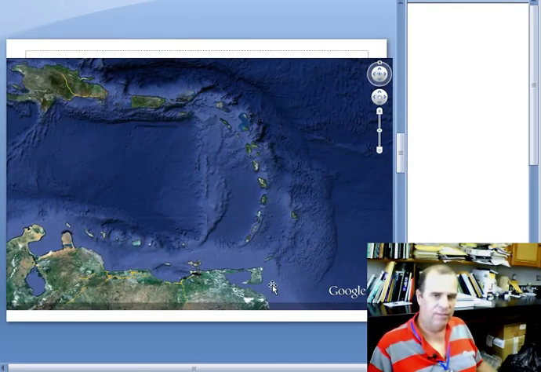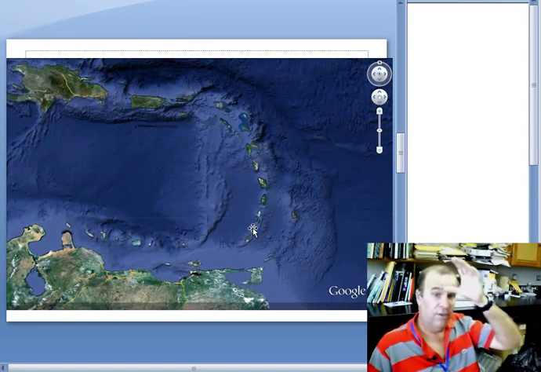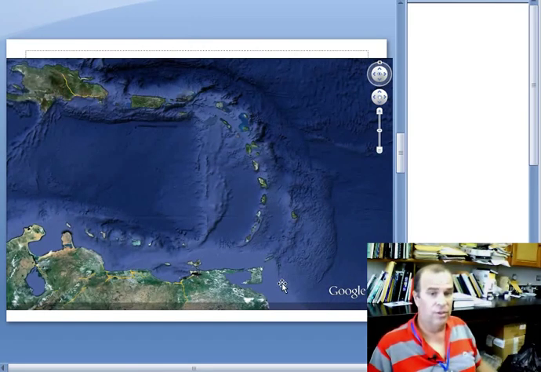Now, as you can see, this is the edge of the continental shelf here. There's a bit of a basin there, but generally this is the continental shelf. So during the last ice age, all of this fringe would have been land. These islands probably joined on as well. The Lesser Antilles, however, are on a ridge on their own, and Barbados is on a ridge on its own, so they wouldn't have been joined onto the continental shelf.